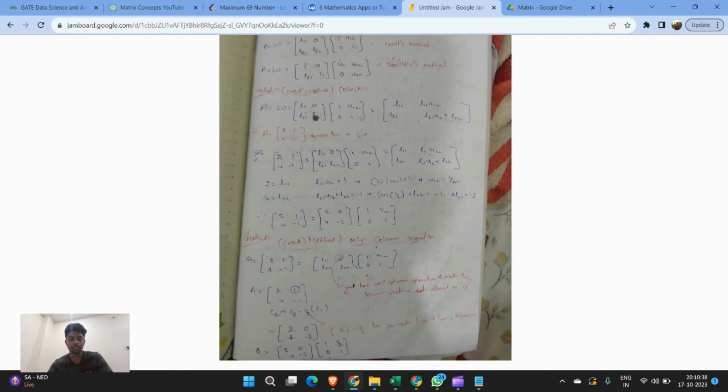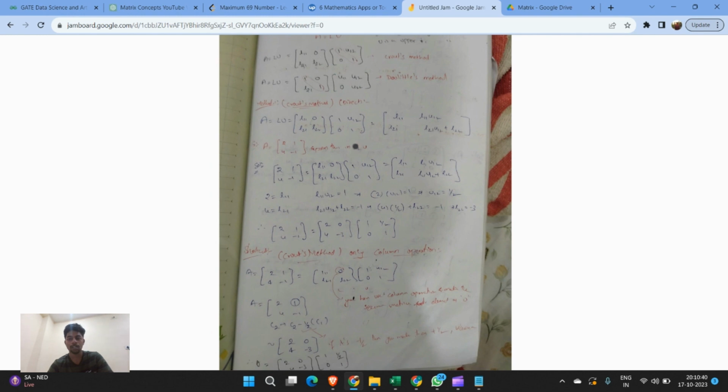This is the formula you have to remember. You have to apply this product: first row first element into the second matrix's first row first element, and do this matrix multiplication.